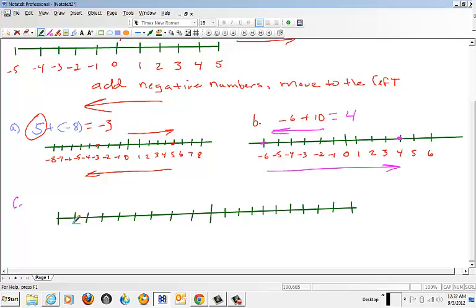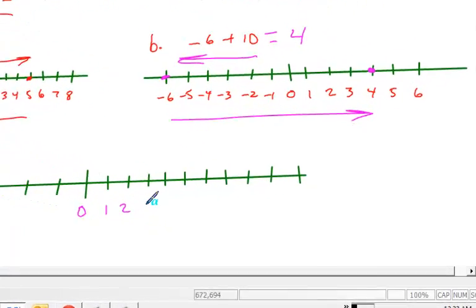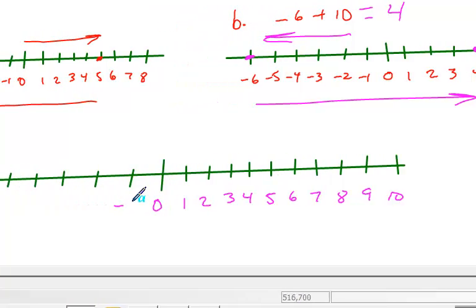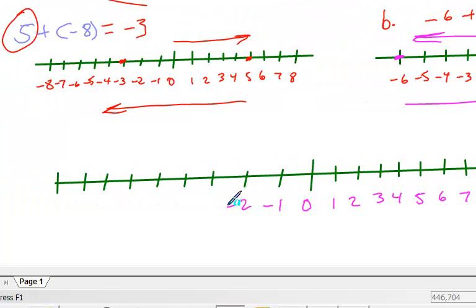I think that'll be quite sufficient for us. 0, 1, 2, 3, 4, 5, 6, 7, 8, 9, and 10. 0, negative 1, negative 2, negative 3, negative 4, negative 5, negative 6, negative 7, negative 8, and negative 9.